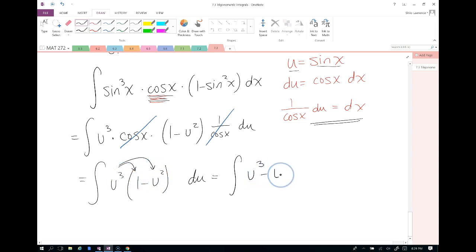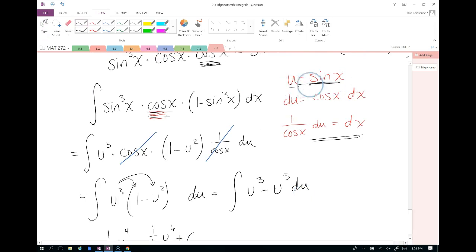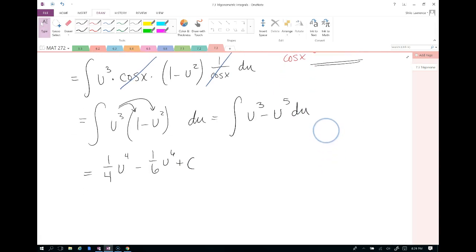So it's going to be u cubed minus u to the 5th. Our antiderivative comes out to u to the 4th times a quarter minus 1/6 u to the 6th plus c. And now all we have to do is replace the u's. And we had said u is going to equal sine this time.